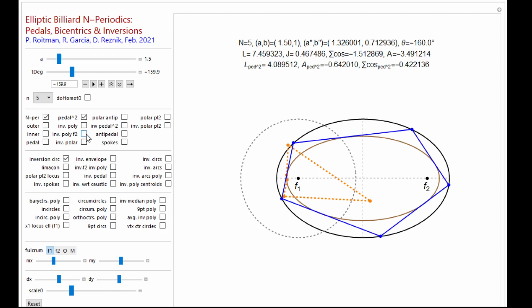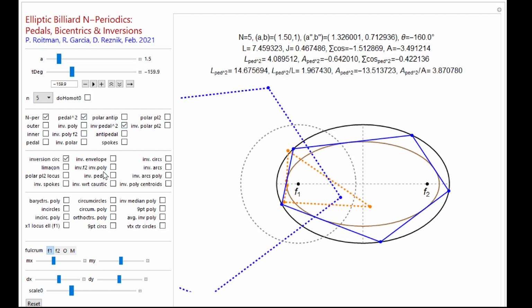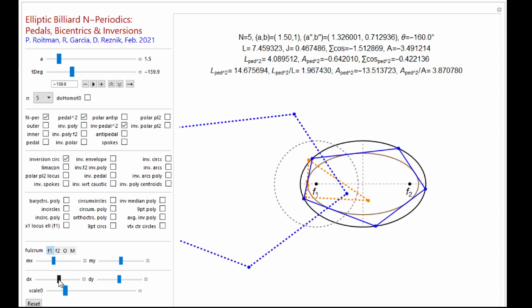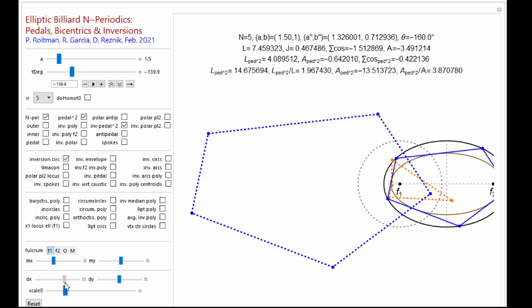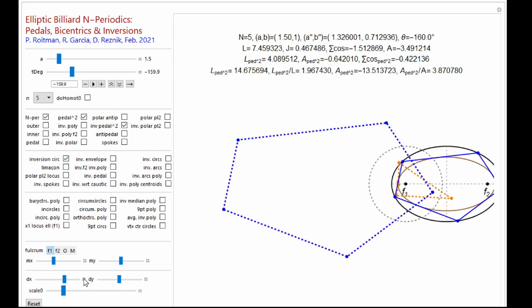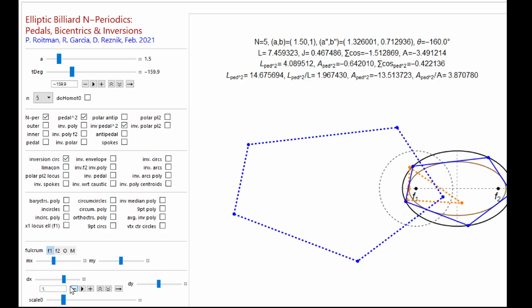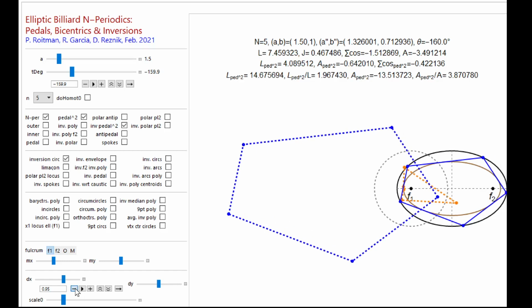Okay, so what am I going to do? What am I going to get? Invert petal squared. I get a surprise. When I perform this inversion, let me see if I can manage to put this in a reasonable location. Yes, I can. There we go.